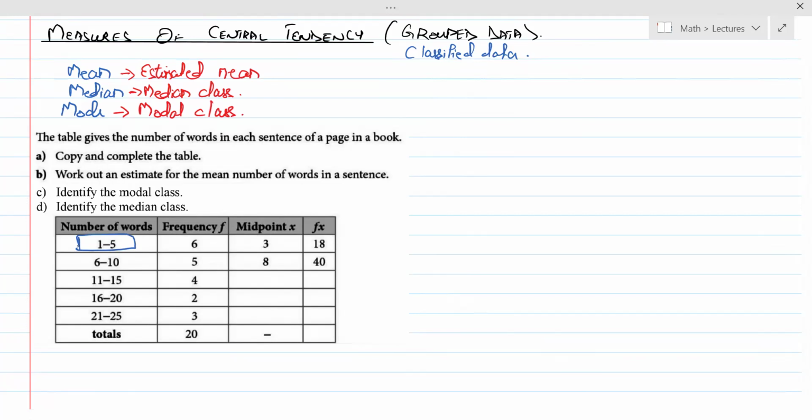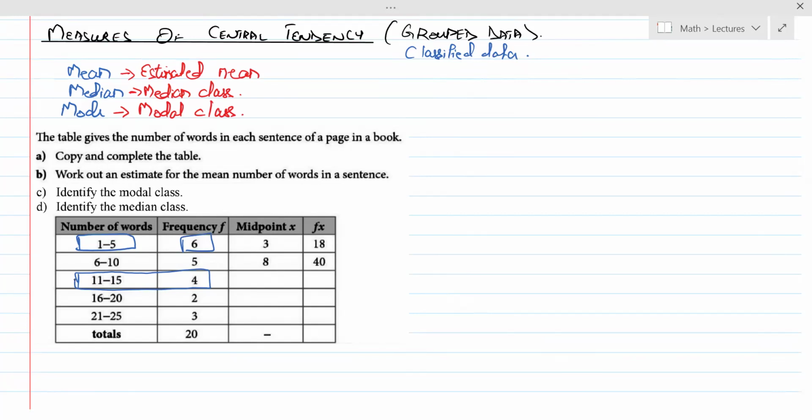And this 6, the frequency, represents that there are 6 such pages which would be having the number of words 1 till 5. And then if we focus on this particular class, they have again made a class here, and in this class the number of words are ranging from 11 to 15.